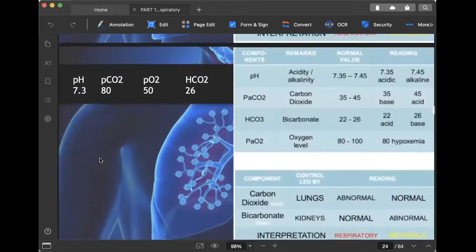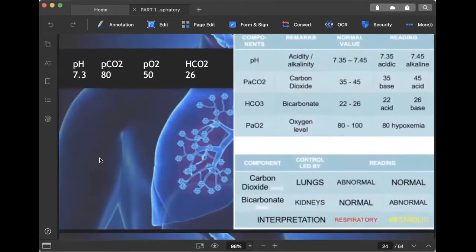How about the next one here? The pH is 7.3, so this one is acidic, and your carbon dioxide is 80. This is way high, and your bicarbonate is 26. This is normal.